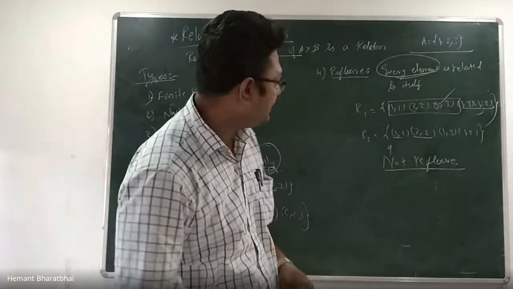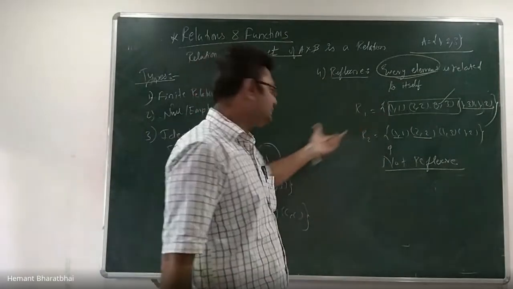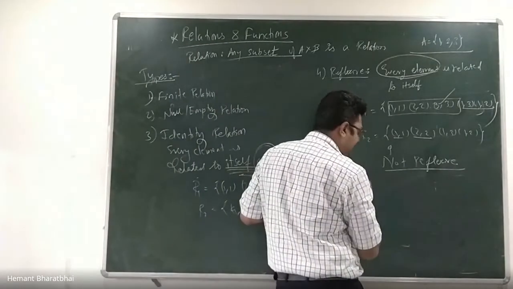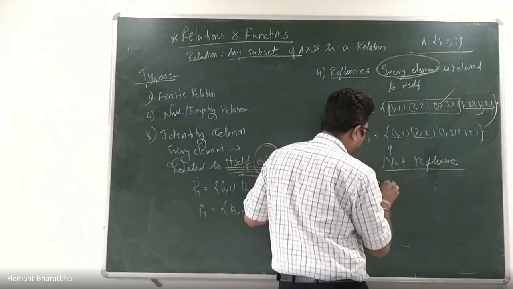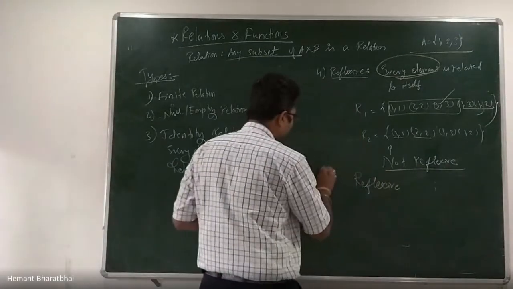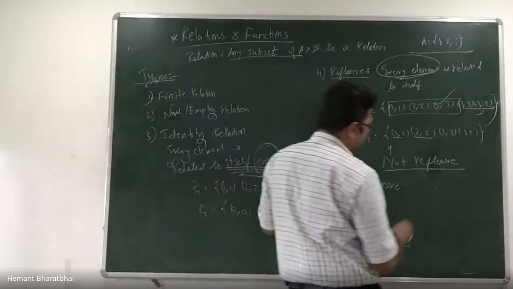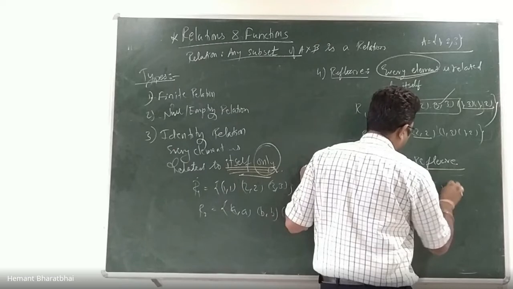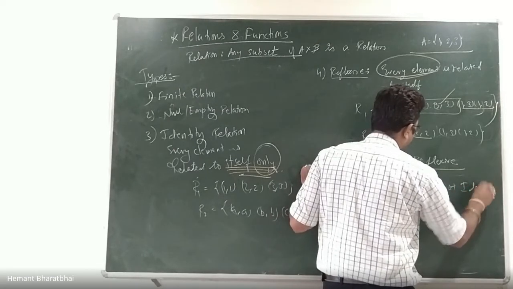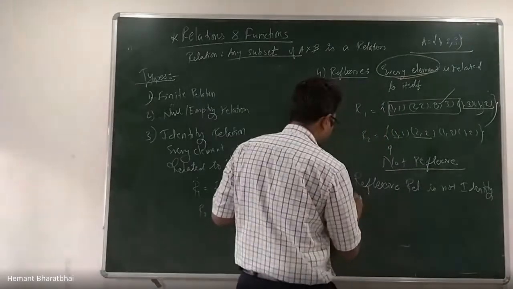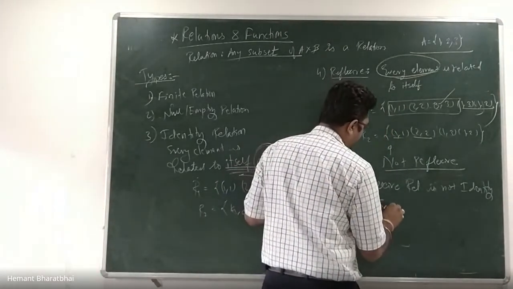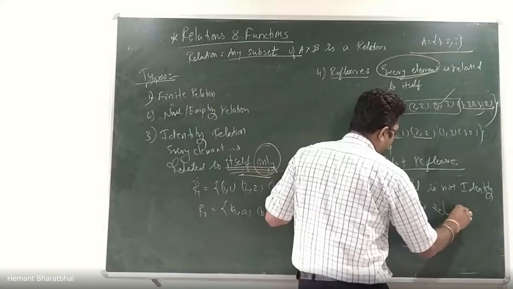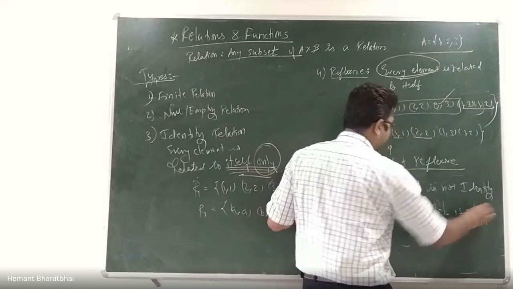Okay, so I hope you have understood the difference between reflexive and identity. Therefore, I get one very important statement: every reflexive relation is not an identity relation, but every identity relation is a reflexive relation.